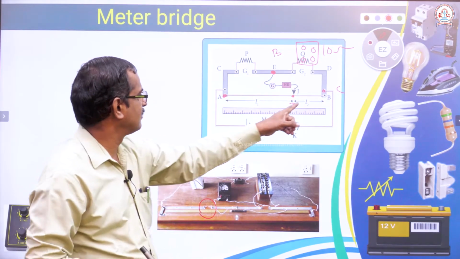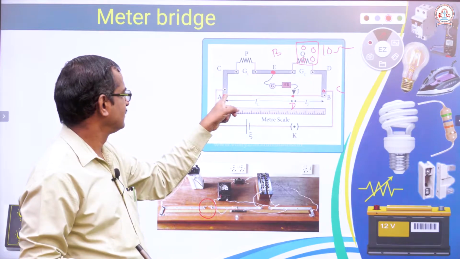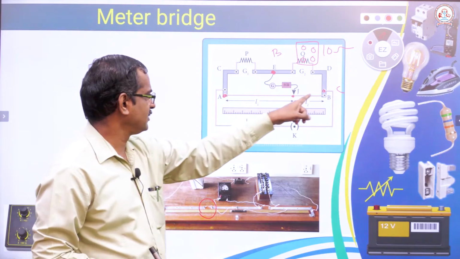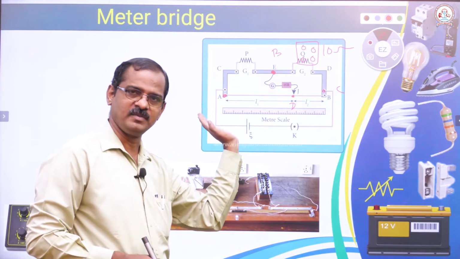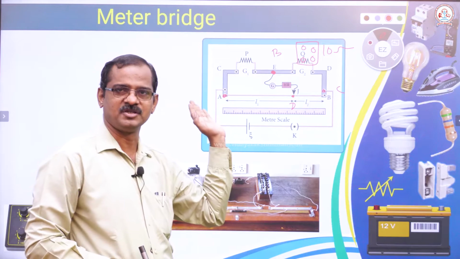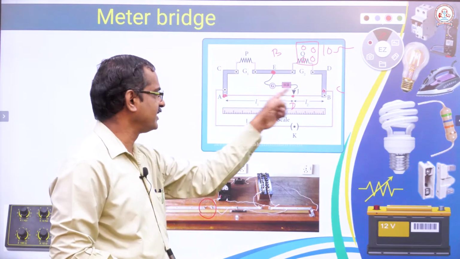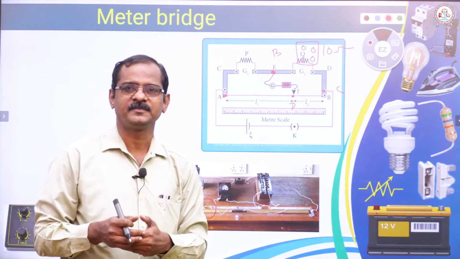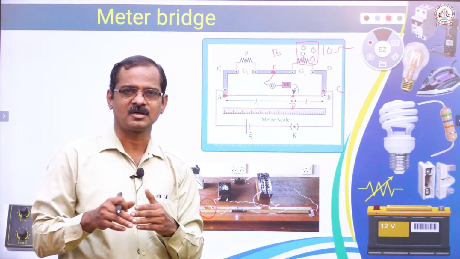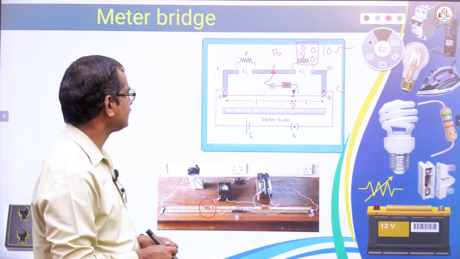When the jockey is kept at one end, the galvanometer deflection will be in one direction; if it is kept at the other end, the deflection will be in the opposite direction. If the deflection changes to the opposite direction at two different ends, we can be sure that the circuit connections are perfect.